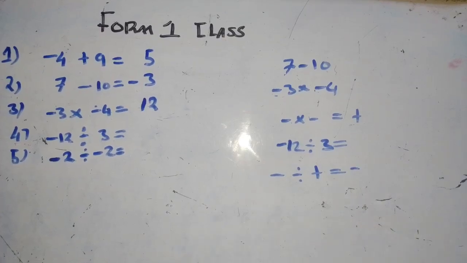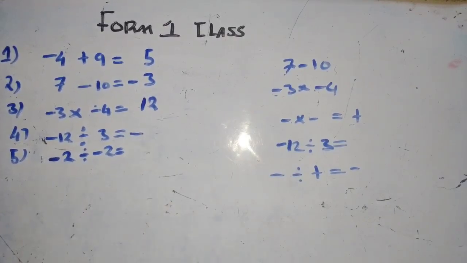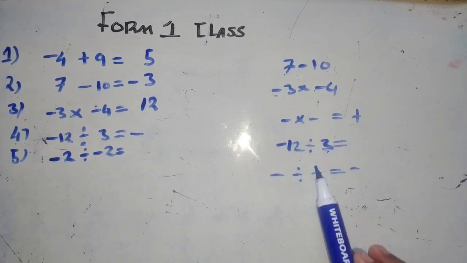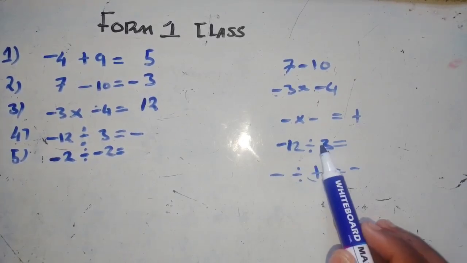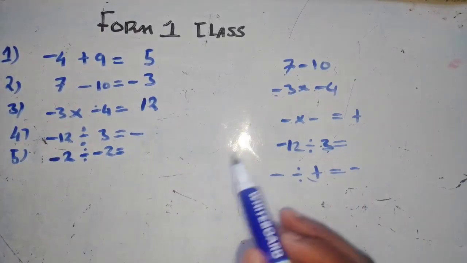So here, just know that your answer will carry a negative, so we can even put the negative here. Then 12 divided by 3. The reason I've put positive here is because these 3 are positive. Remember, if there is a positive, we don't show it. So 12 divided by 3, this is 4. You just count.